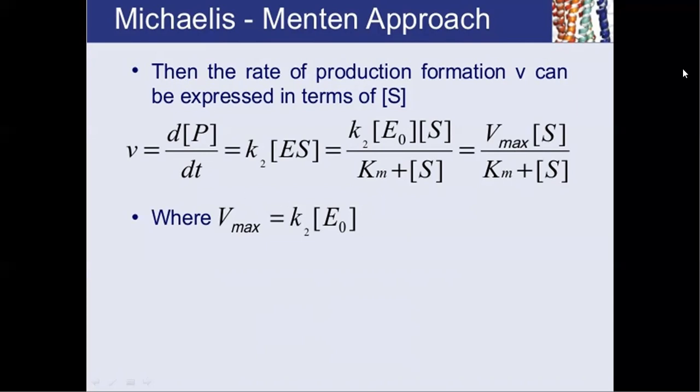So this is the equation of the Michaelis Menten approach, which is derived from a few important assumptions. In the next slide, we are going to learn about those assumptions from which Michaelis and Menten derived this equation.